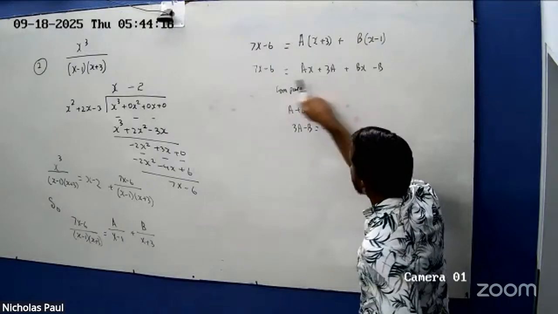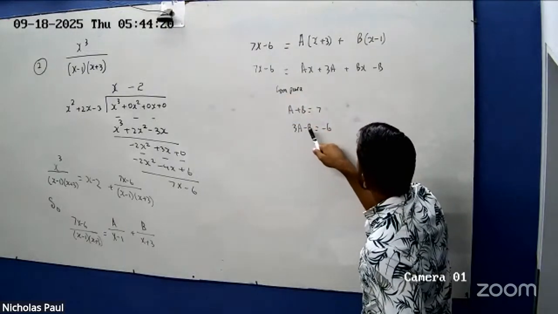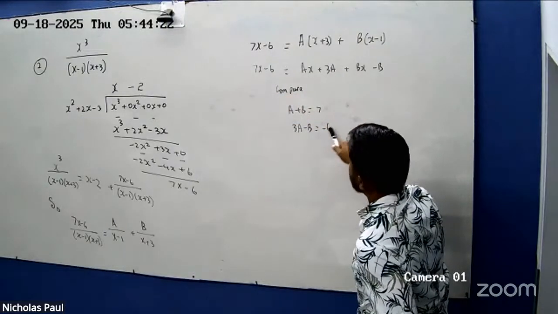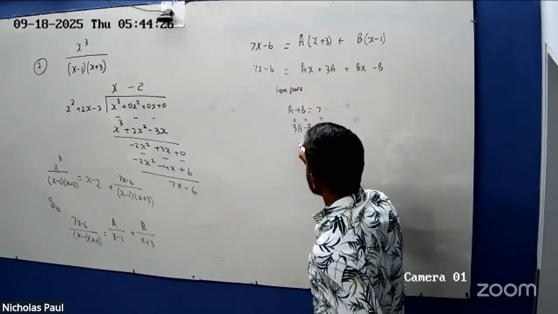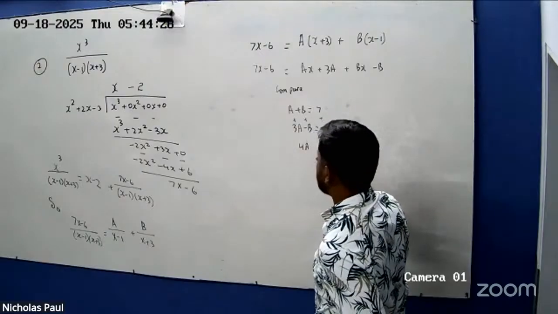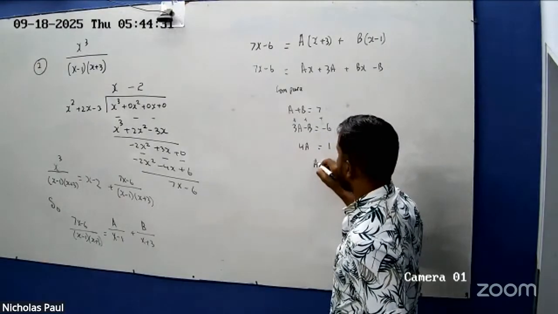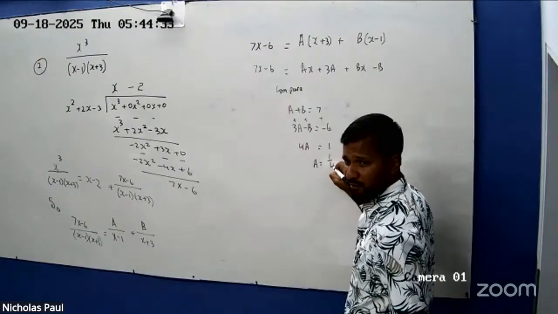Add it up now. I got what? 4A to be 1. A is a quarter.